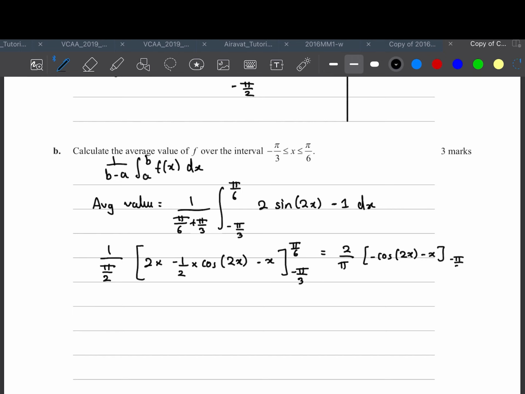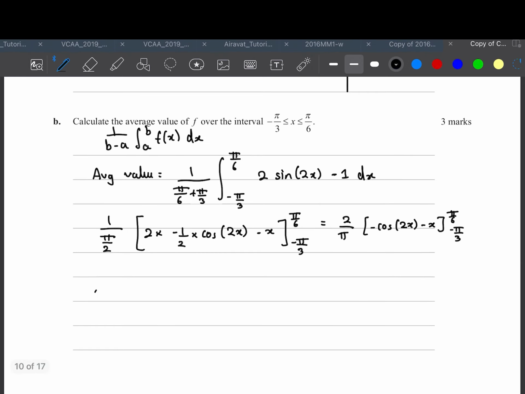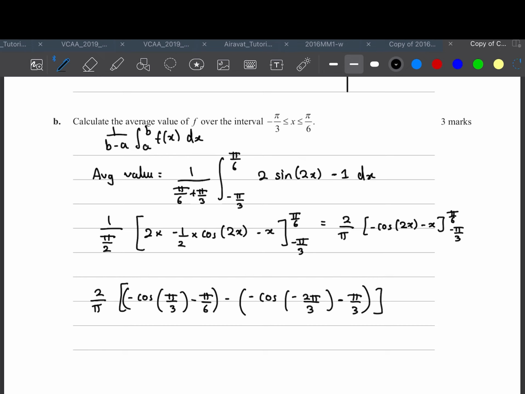Now just substituting our terminals in, so 2 over pi, minus cosine of 2 times pi on 6, which is just going to be pi on 3, minus pi on 6, take away minus cosine of minus 2 pi on 3, minus pi on 3, and close bracket. So we just solve for that to get our answer.